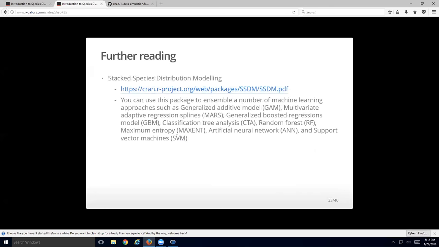I found it's very convenient because not only can it implement Mars, but it allows you to choose different families, like the binomial for presence absence data, Poisson for count data. So that's very convenient. So from that part, I just use that package. Right. I believe there are tons of packages out there.